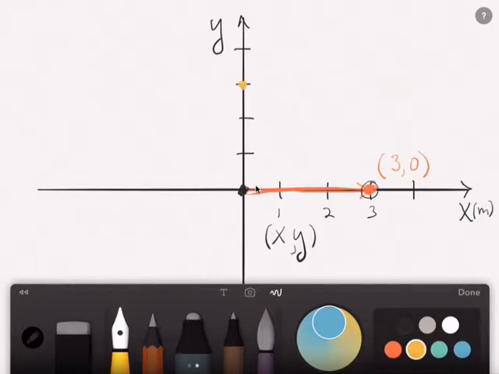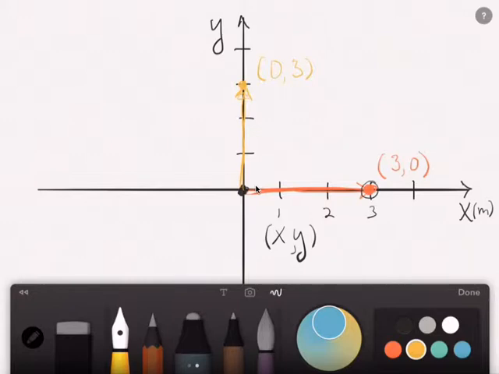Now we know that the ordered pair here is 0 for X and 3 for Y. Okay? 0 for X and 3 for Y. For the orange vector, we had 3 for X and 0 for Y. It's just letting you know how we're measuring things there.